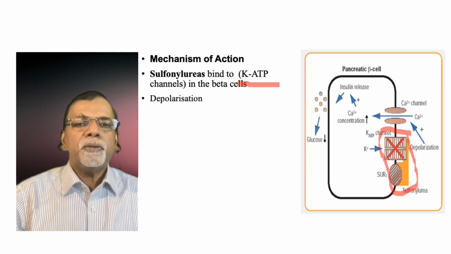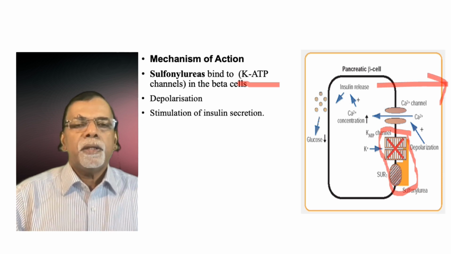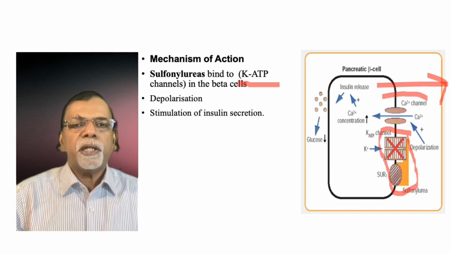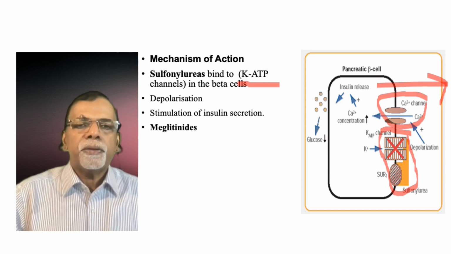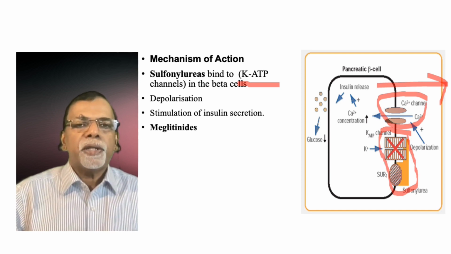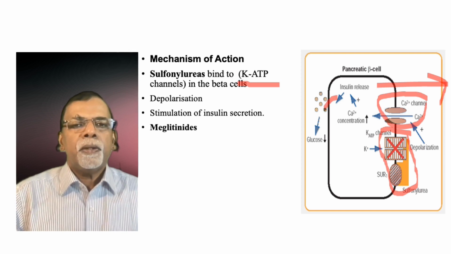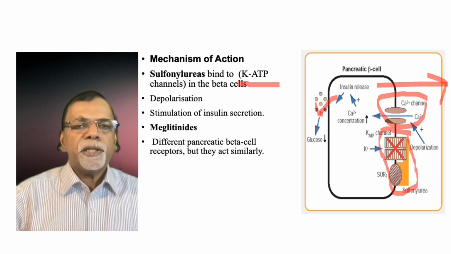This leads to blockage of the passage of potassium out of the cell, so potassium cannot go outside. This leads to depolarization. Depolarization leads to opening of the calcium channels. Calcium enters the cell, and this leads to further steps for the release of insulin. So insulin is released. This is the basic mechanism.